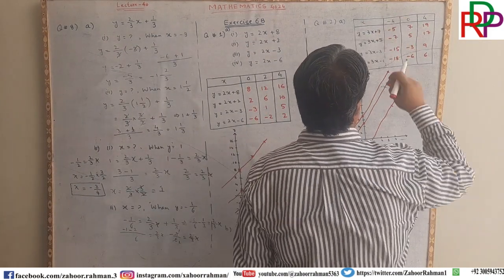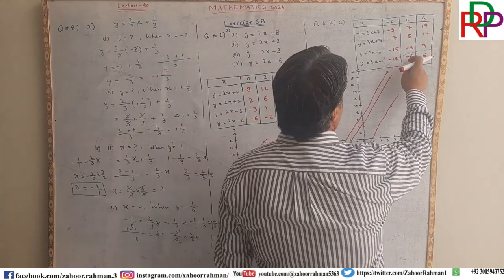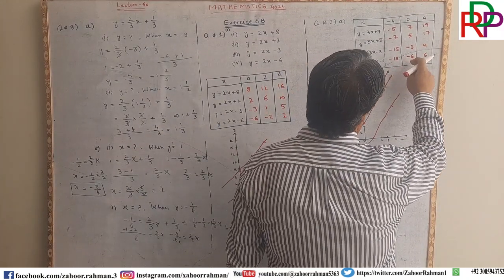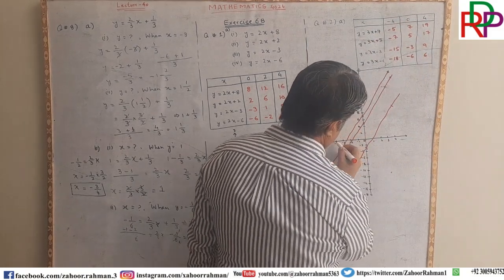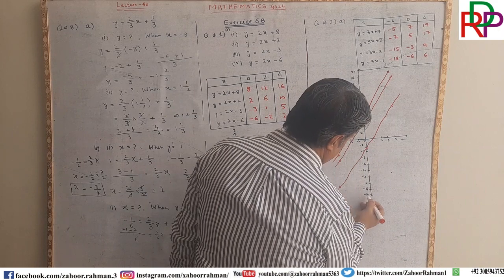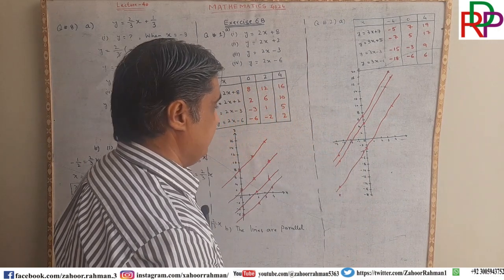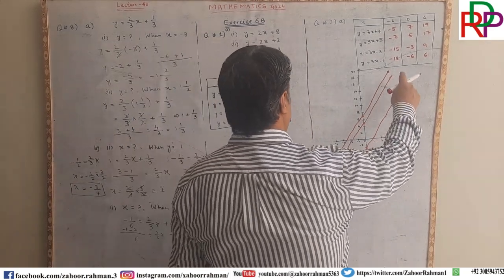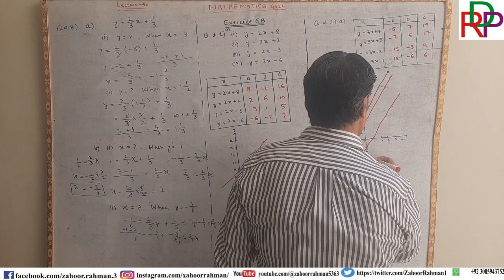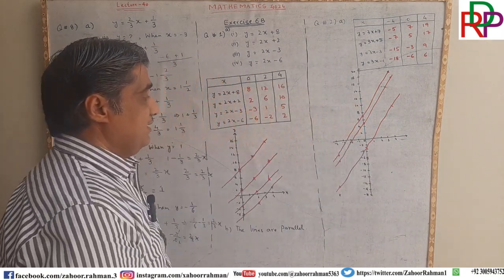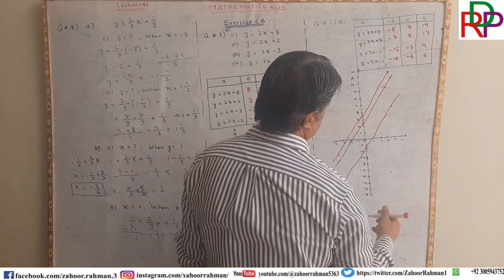Now when x is equal to minus 4, y will be minus 18. So minus 4 and minus 18 will be somewhere here, and then 0 and minus 6. So it will be somewhere here, and then 4 and 6.